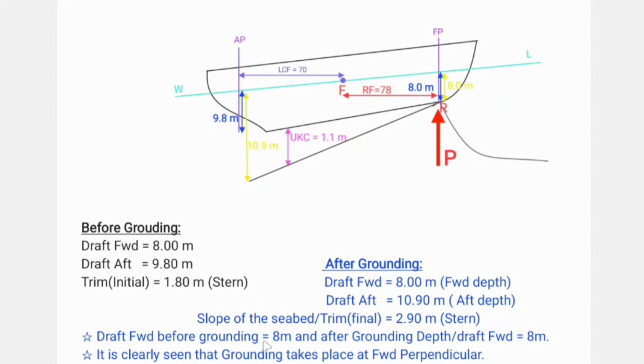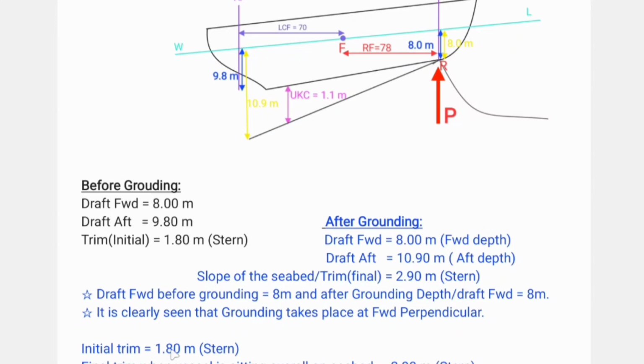Forward drop before grounding is 8 meter, and after grounding depth or drop forward is equal to 8 meter, which means drop before grounding and drop after grounding is the same in forward. So it is clearly seen that grounding takes place at forward perpendicular.